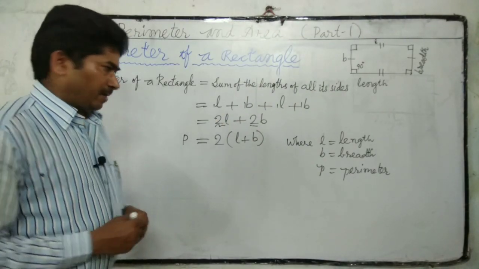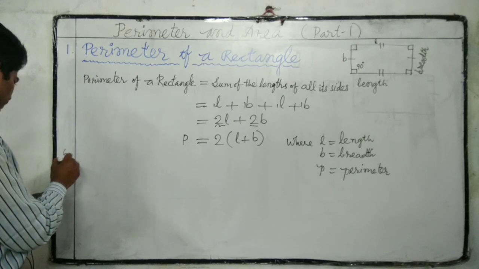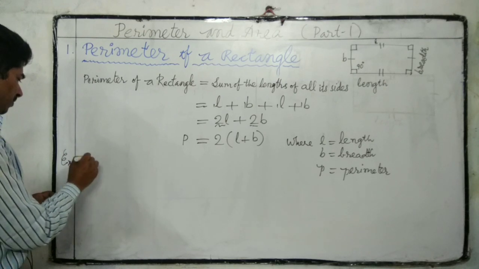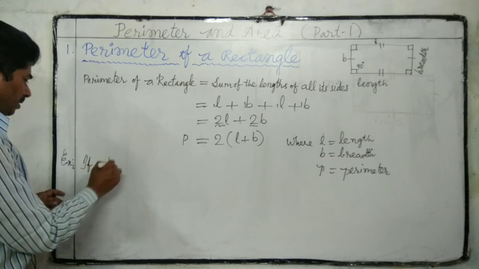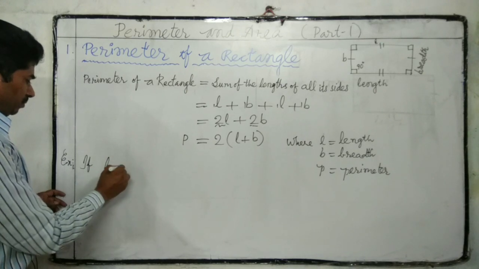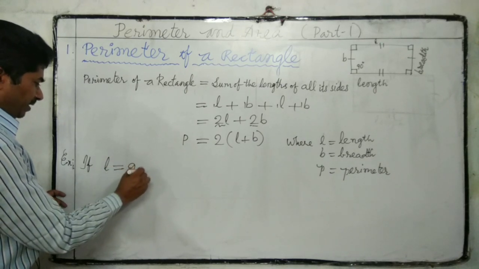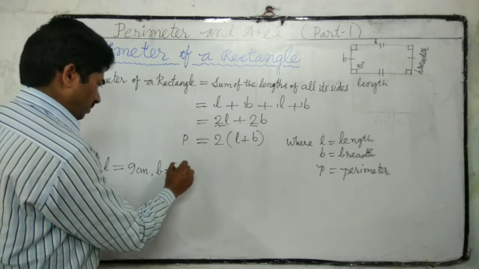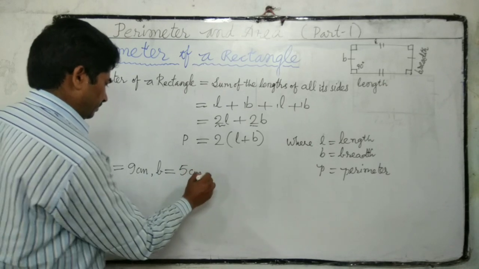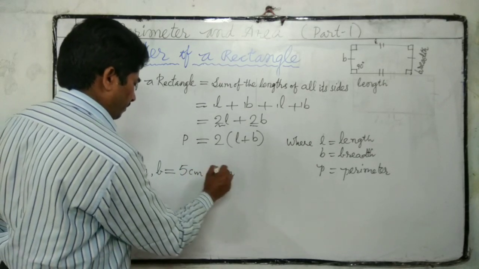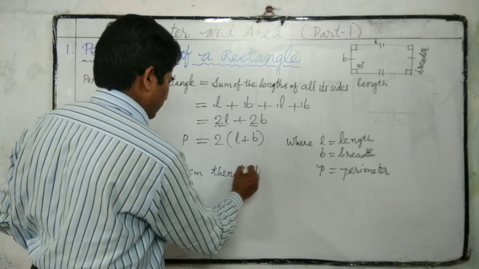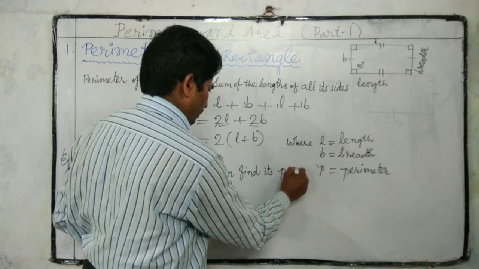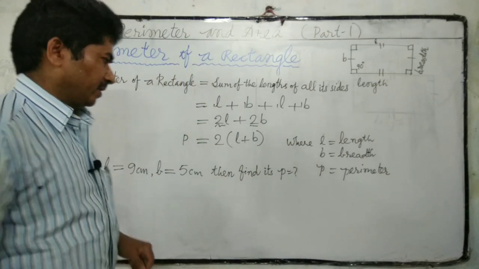Let us see an example. If length of rectangle L is equal to 9 centimeters, breadth B is equal to 5 centimeters, then find its perimeter.